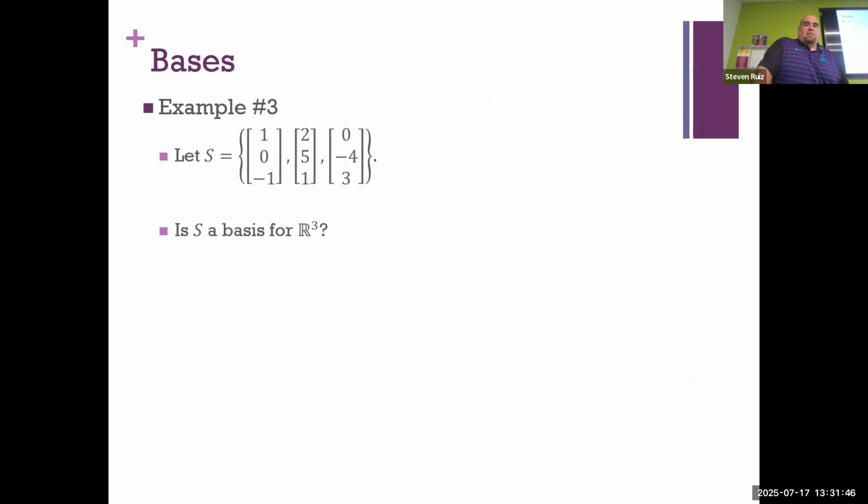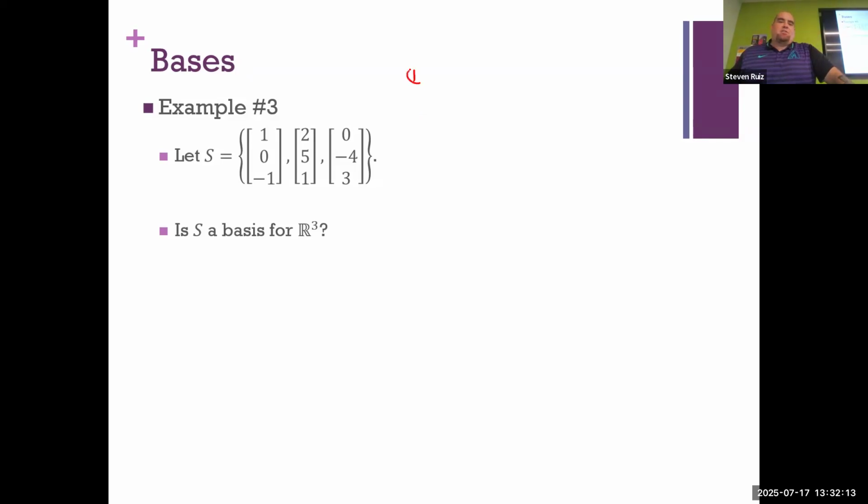My last two for you. So now instead of talking about this generic subspace, this generic span, let's talk about this maximal thing, R3. Are these three vectors a basis for R3? First, let me ask is it possible for this to be a basis for R3? It's possible, right?